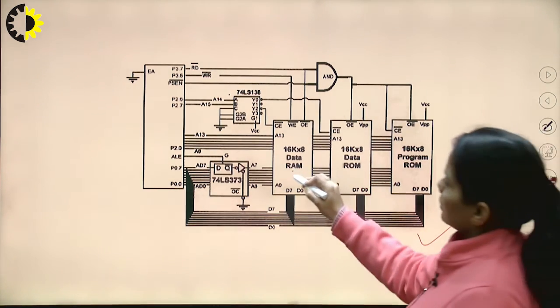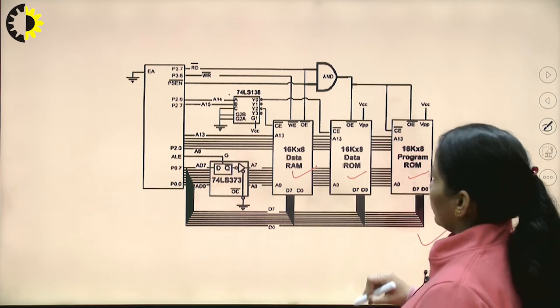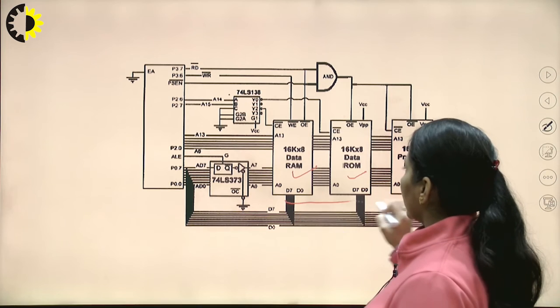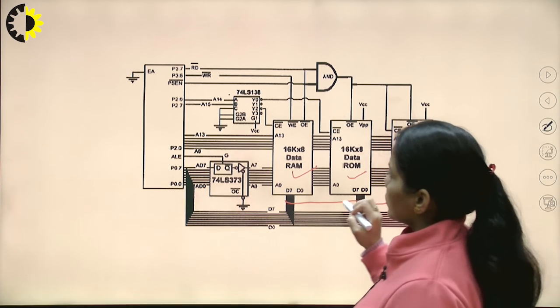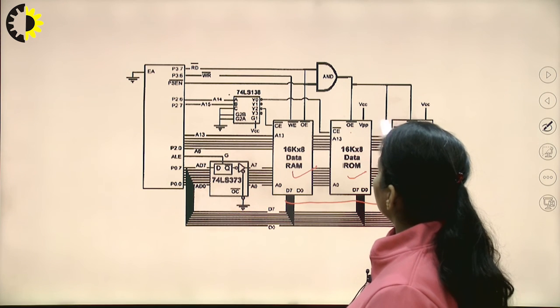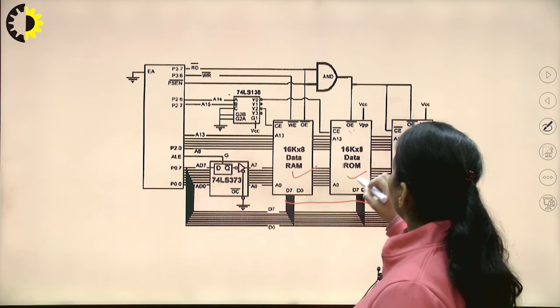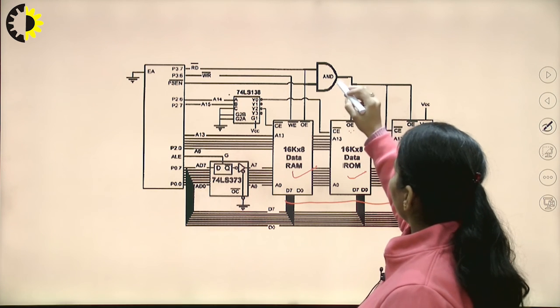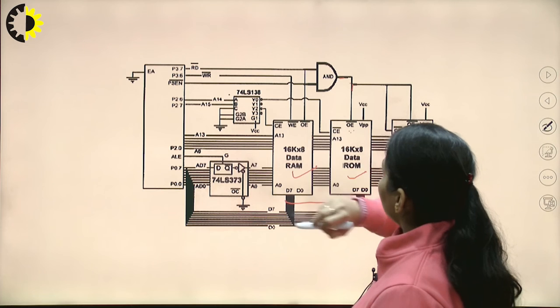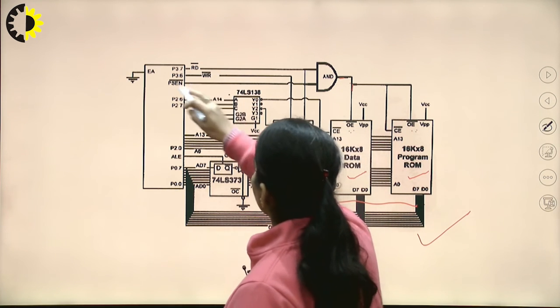Here we can see the data RAM, data ROM and the program ROM. All three are connected. These are interfaced to the 8051. So the output enable of both the program and the data ROM are connected to the output of the AND gate, and this is connected to the read signal.